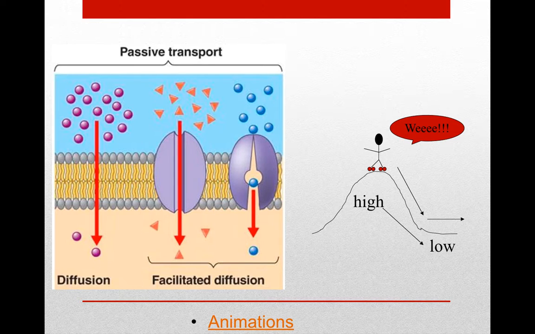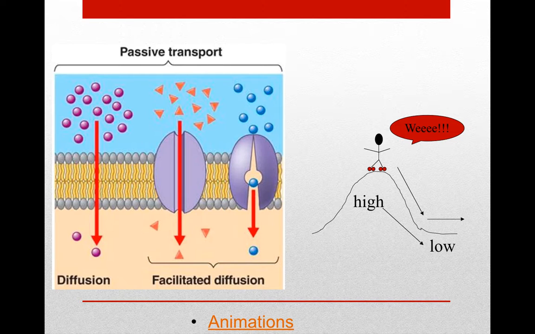The second type is called a carrier protein, and this is a little bit more complex, in which the molecule will bond to a receptor site, and then it kind of moves through the cellular membrane. So it's kind of like once it bonds, it closes, and then the other side opens up, and it can kind of go through.